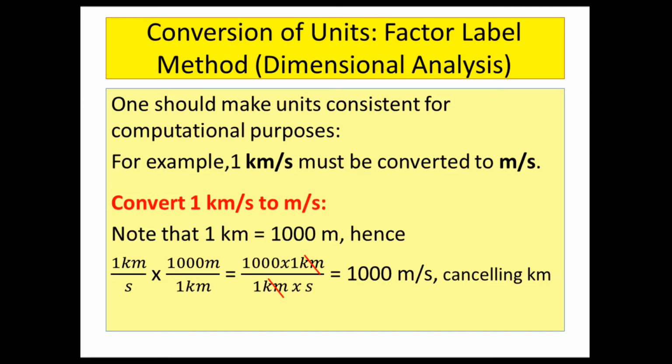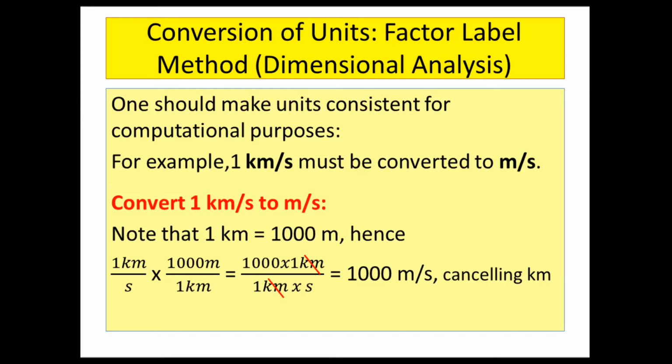for computational purposes. For example, 1 kilometer per second is not the ordinary method, so we must convert that to meter per second. To convert that, we should note the relationship of kilometer and meter. Note that 1 kilometer is 1,000 meters.